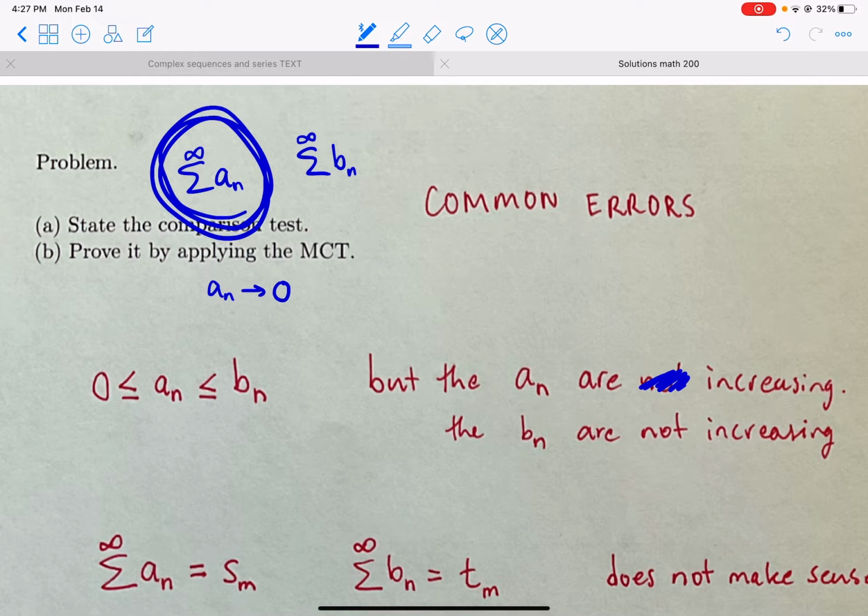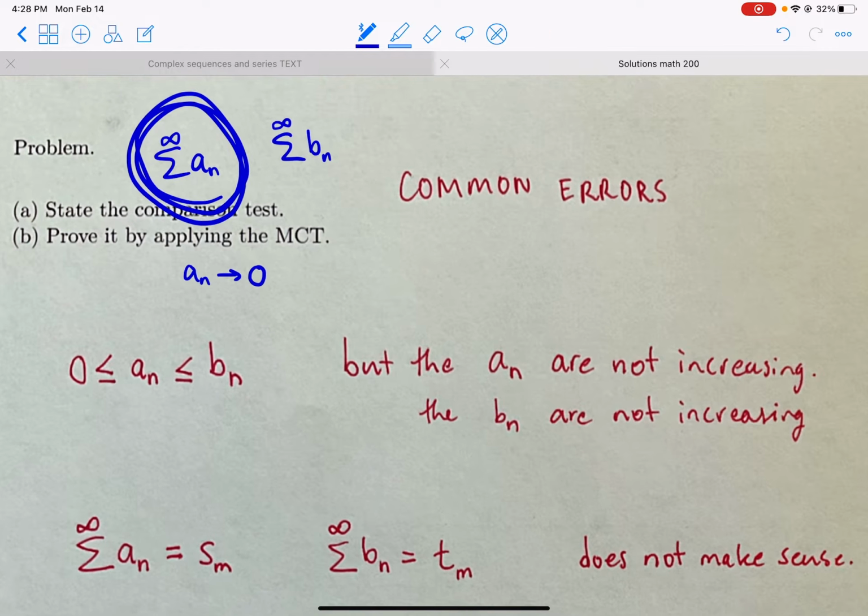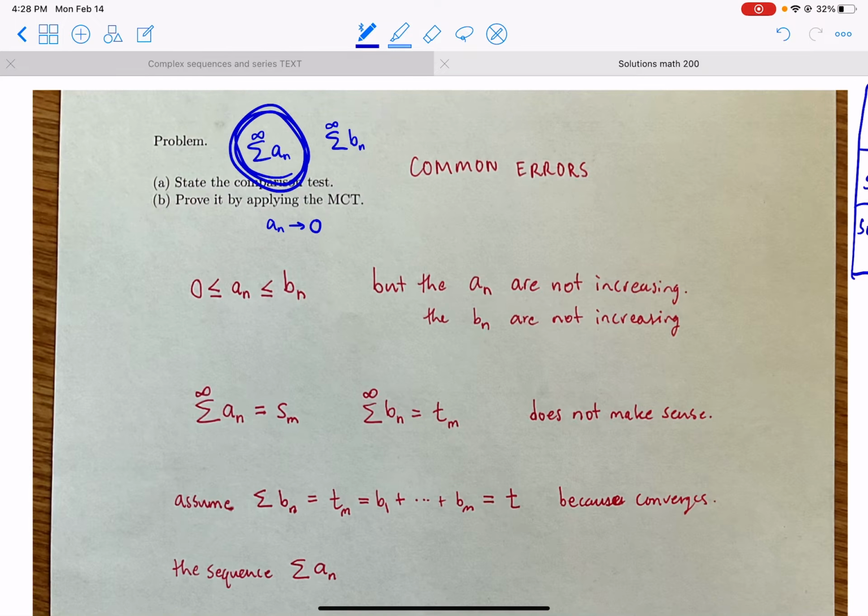So if the a sub n's are all positive and they're going to 0, they're definitely not increasing. I think somebody had written that the a sub n are increasing, the b sub n are increasing. But no, to be correct, the a sub n are not increasing.